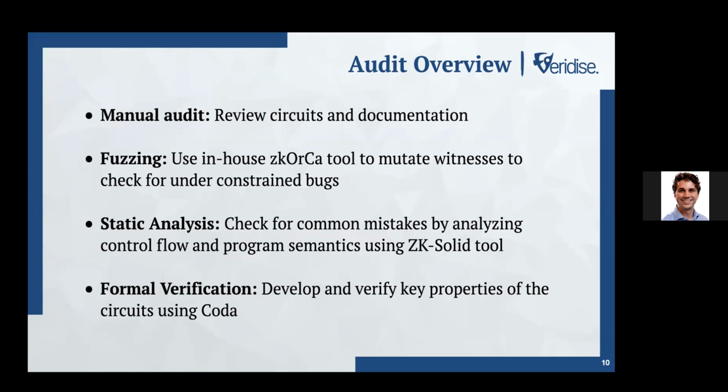We also ran several static analyzers, checking for common mistakes. You can think of these as essentially semantic patterns that cover a large class of bugs. And then finally, once we'd completed these, we developed and verified some key properties of the circuits using Coda, which is another tool we use to verify circuits for zero knowledge.